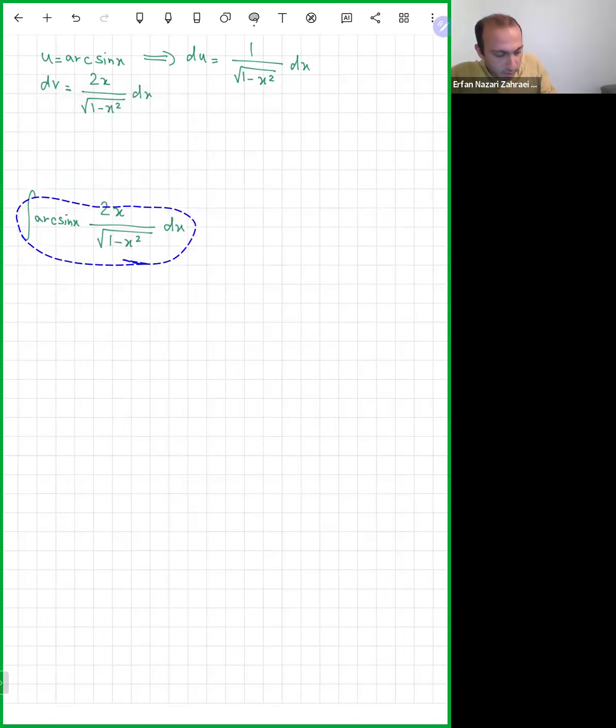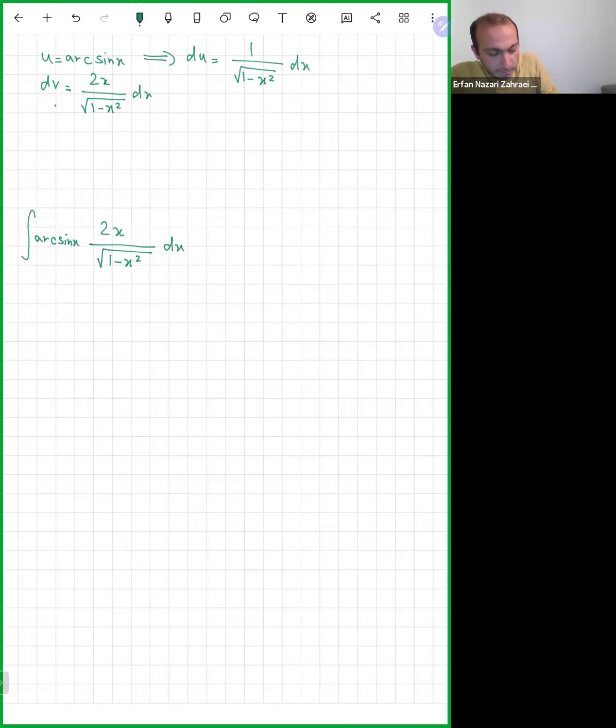And now I need to compute v. But computation of v, basically antiderivative of this, itself is a separate integral that needs a substitution. Why it needs substitution? Because I see something in a layer and I see derivative of it on top. So it's a substitution. Let me do this as a side example.